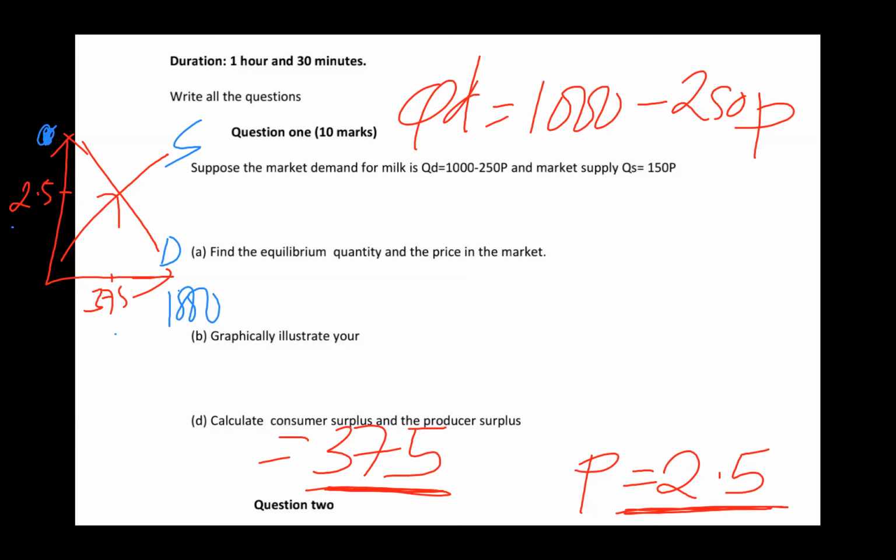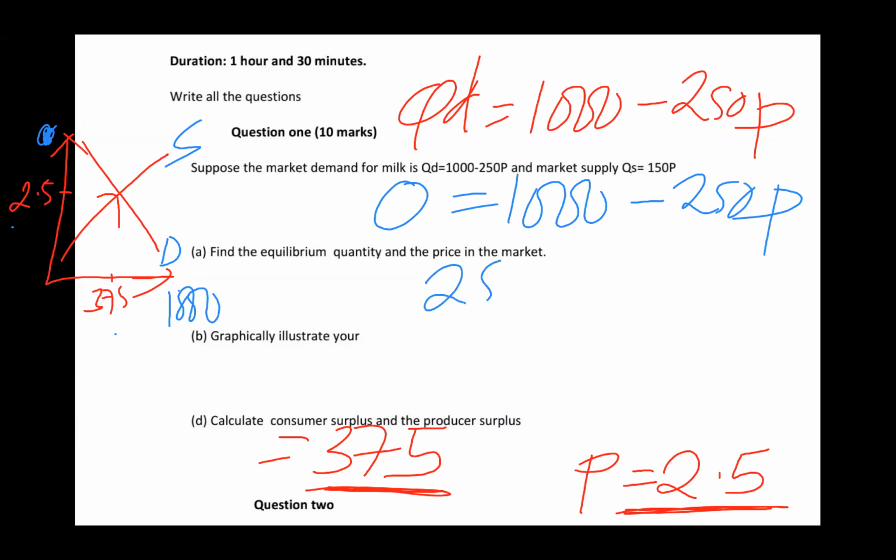So you have 0 equal to 1,000 minus 250p. Collecting like terms, you have 250p equal to 1,000.